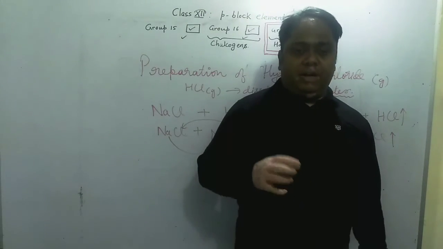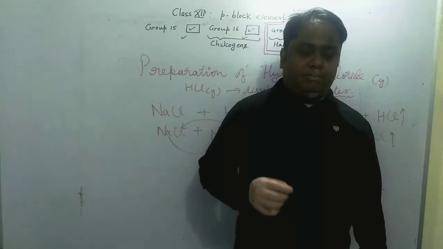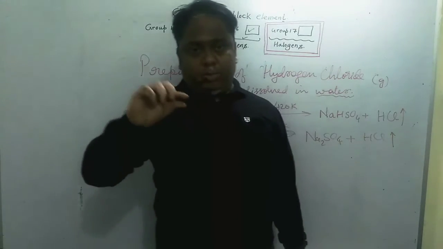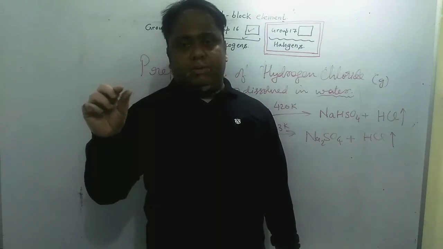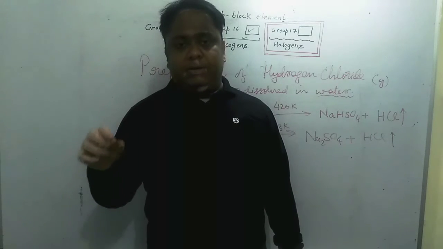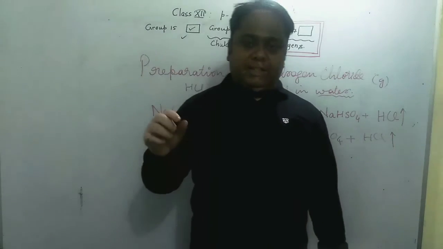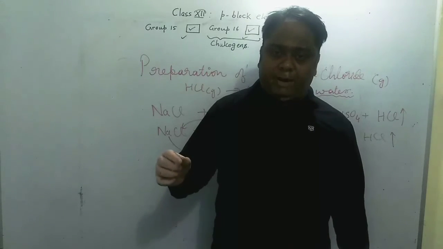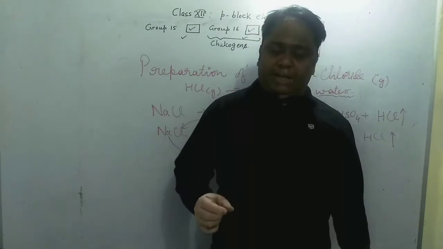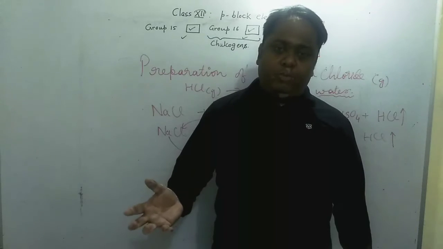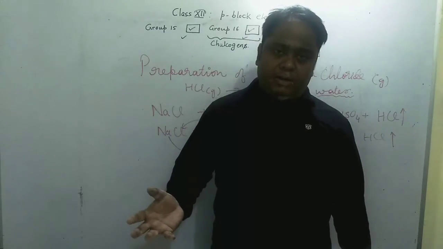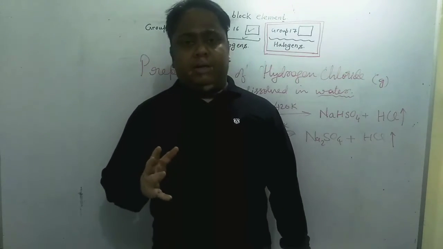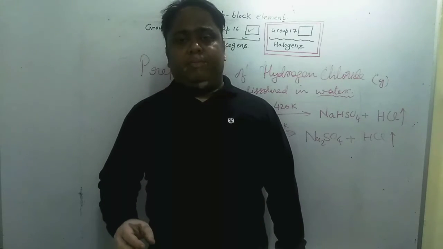Now the dry HCl gas is very difficult to manage. So what is done? It is made to dissolve in water. But if you pass the tube through which the HCl gas comes out into the water, then what will happen? Since the solubility of HCl is so high in water, it will quickly get dissolved and there will be a vacuum created in the tube. As a result, backward movement of the water in which the HCl has to be dissolved is possible. So what is done?